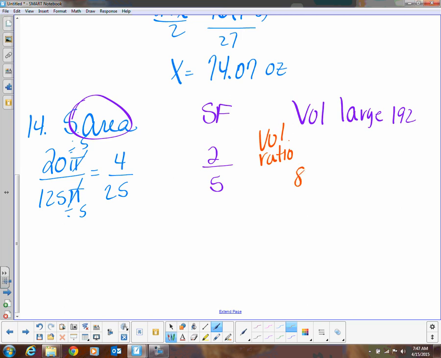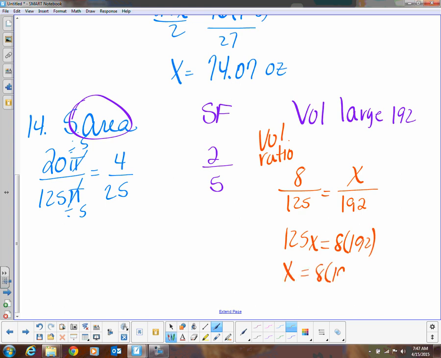So 2 cubed is 8, 5 cubed is 125. Where do I put the 192? Bottom because it is the large. So we got 125x is equal to 8 times 192.